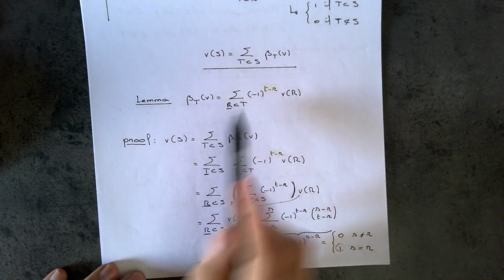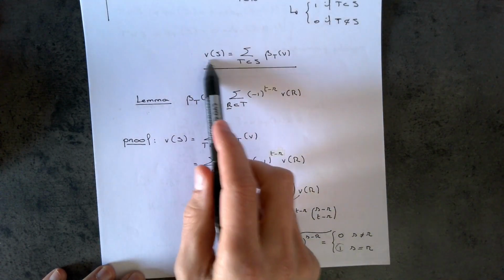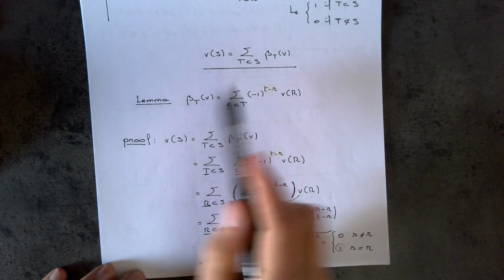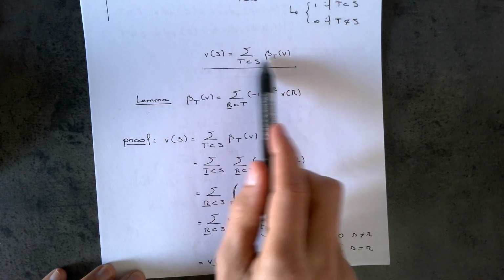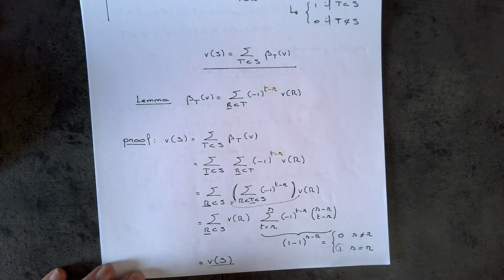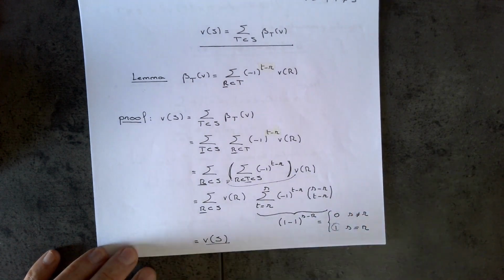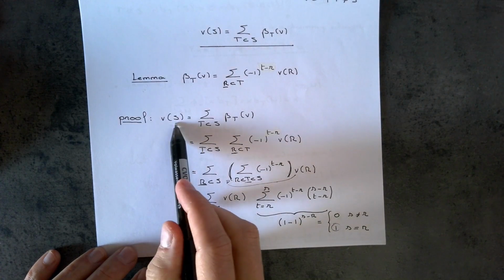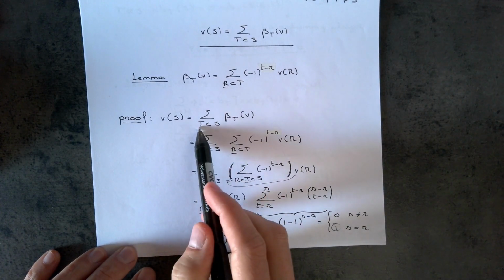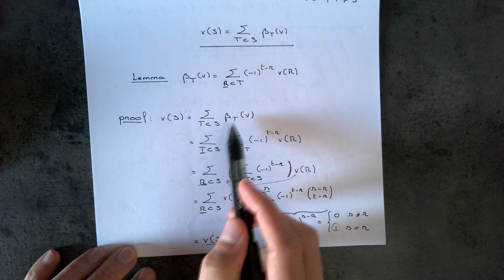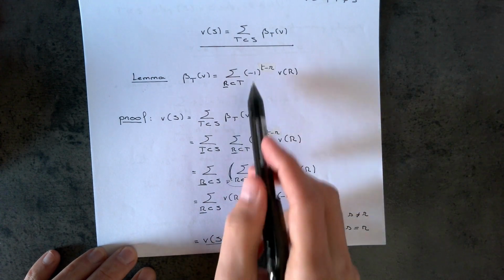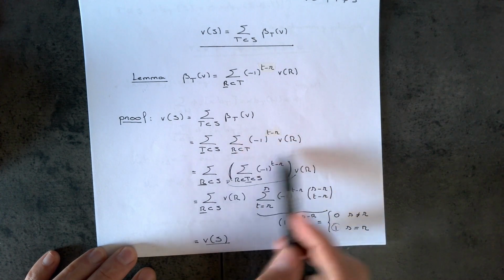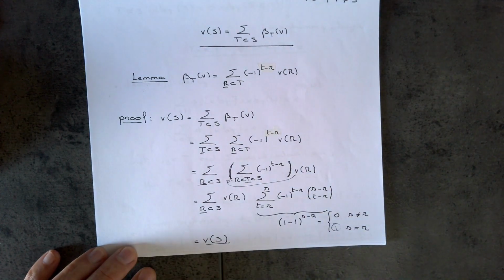Another way to prove this lemma is simply by taking this equation and plugging in this value and then verifying that indeed, if you plug in this value here, you get the identity V(S) equal to V(S). And this is what we're going to do, just to verify that we didn't make any mistakes. So what do we have? We have that V(S) is a sum over all subsets T of S of β_T V. Now we're going to use this value and plug it in here. So here we get this expression.